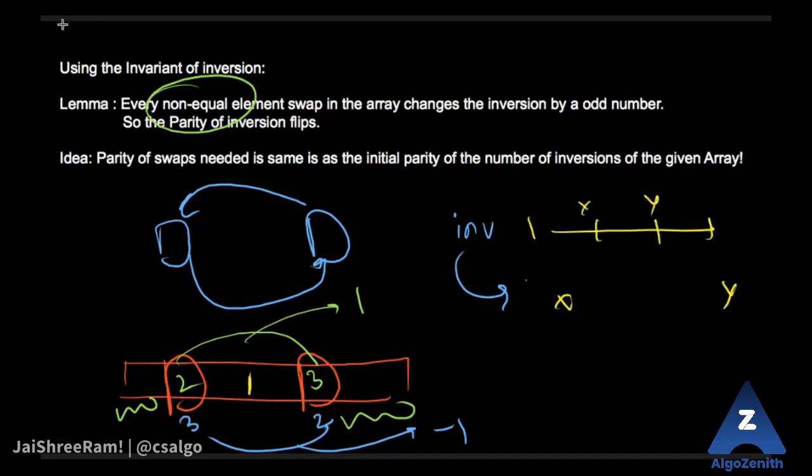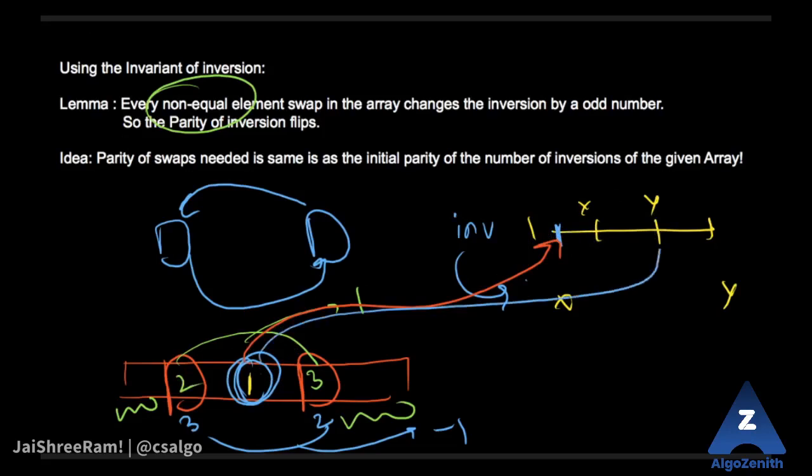There are three partitions. If the middle element lies in the first part, it already forms an inversion with x, and even after we swap, it will form an inversion with y. So there is no change.